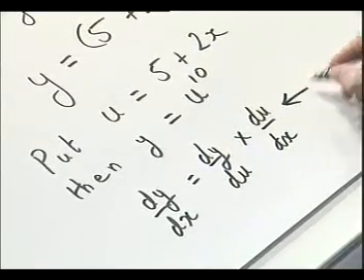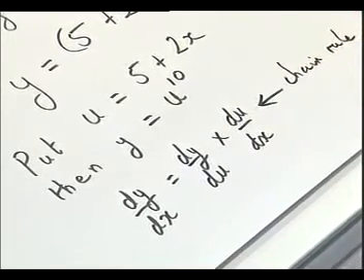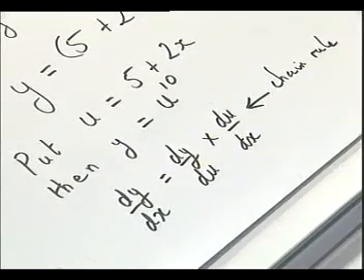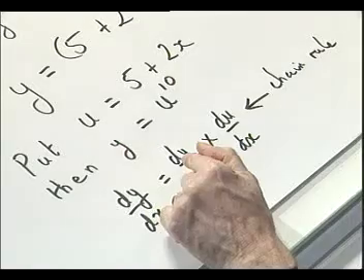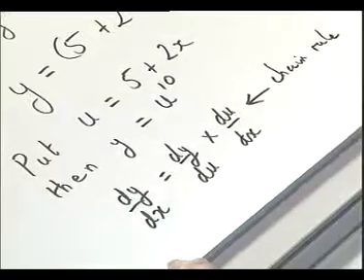And it's this that is the chain rule, or, as some of you may know it, function of a function. So this is what we've got to do. We've got to work out dy by du and work out du by dx.